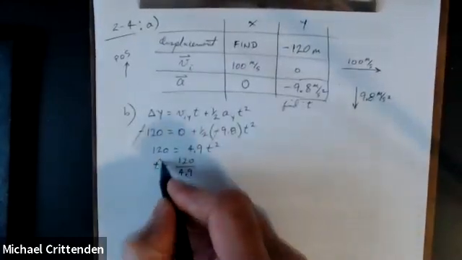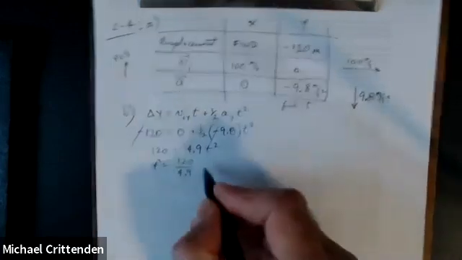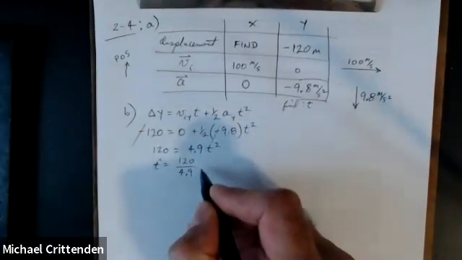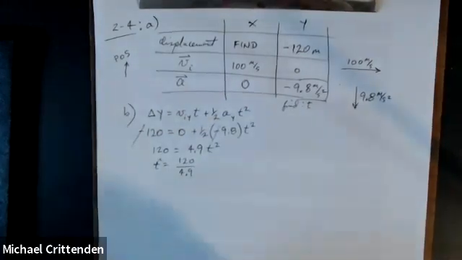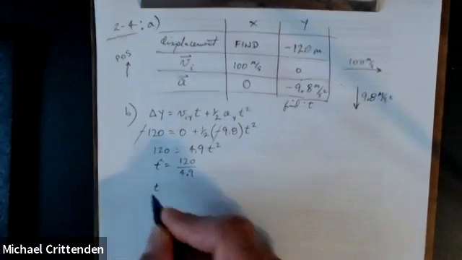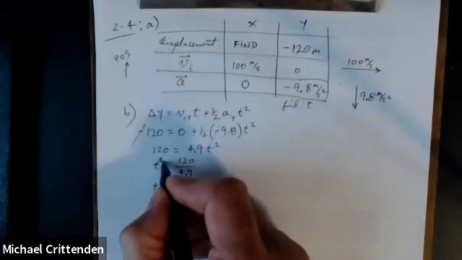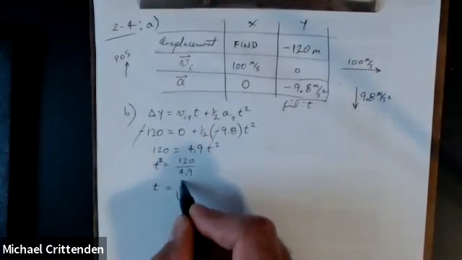Oh, that's t squared. Beware of typographical errors. So that's equal to something. I don't really care what that's equal to. What I want to know is its square root. So to get the square off the t, take the square root of both sides.